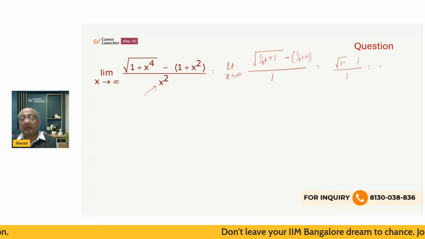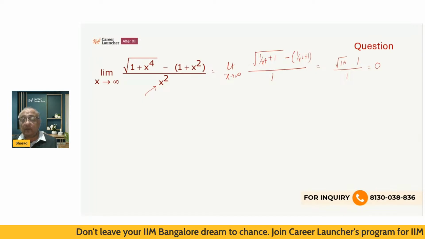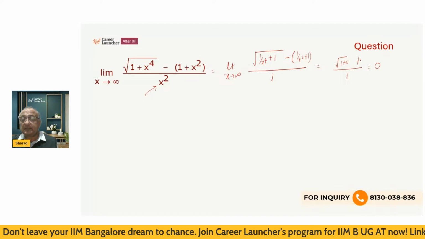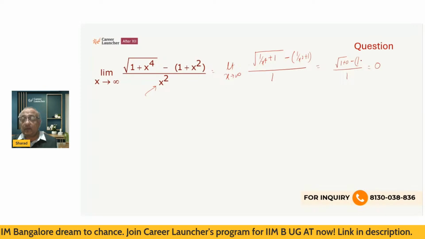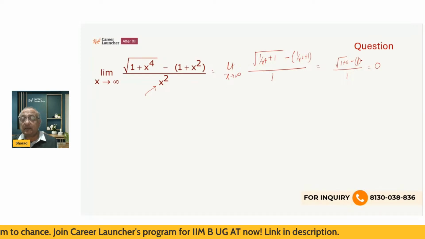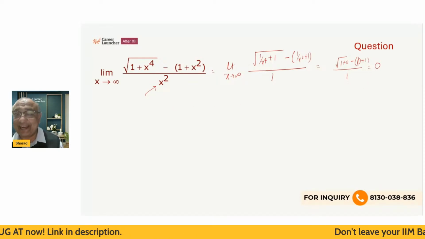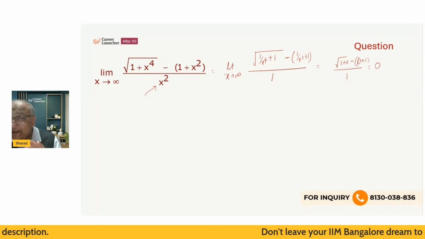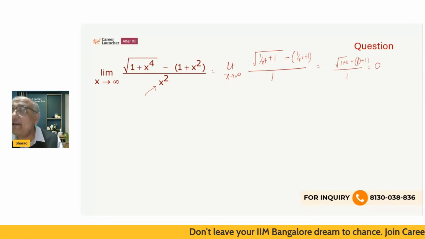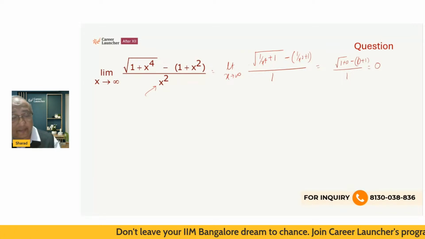The answer will be equal to how much? 0. Right? 1 plus 0, and this is minus 1, 0 plus 1. So 1 and 1 will get cancelled, you'll get the answer as 0. So cool. Remember that. Divide by the largest power in the denominator.